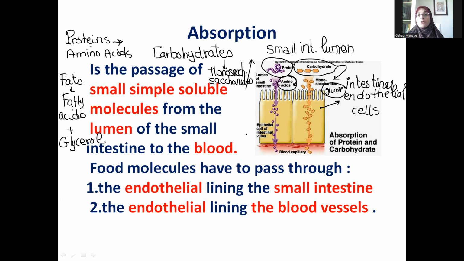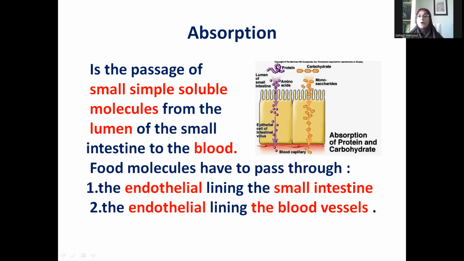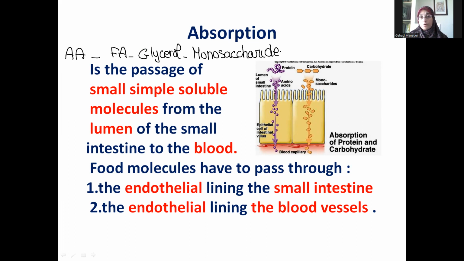These final products of digestion of all foodstuff are obtained in the terminal part of the small intestine. As we said before, all final products of digestion, like the amino acids, fatty acids, glycerol, and the monosaccharides or simple sugars, are obtained in the last part of the small intestine.